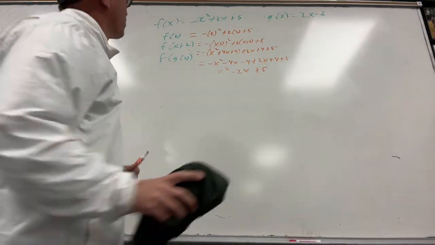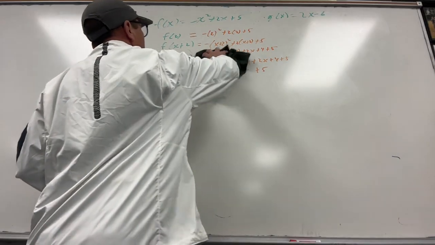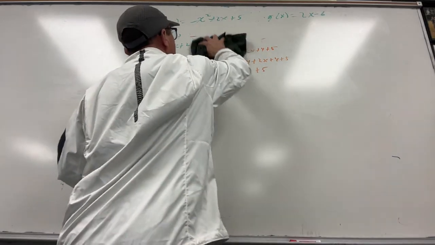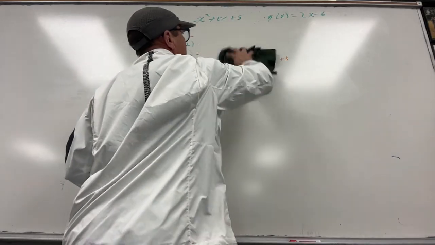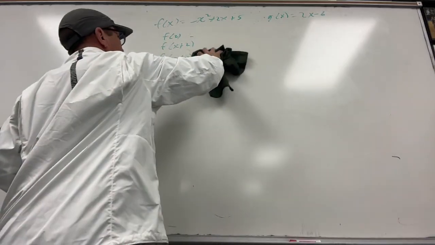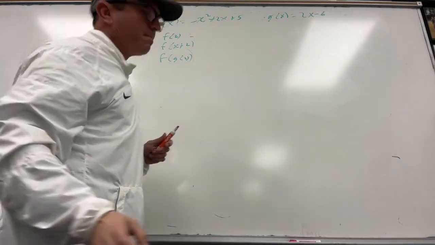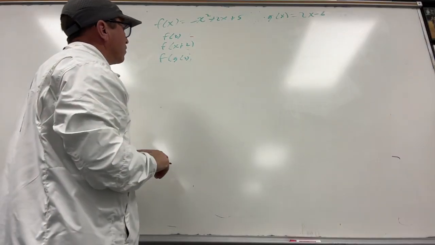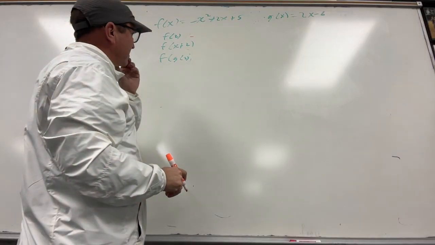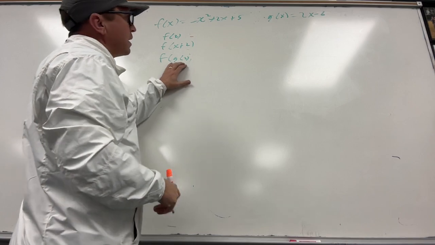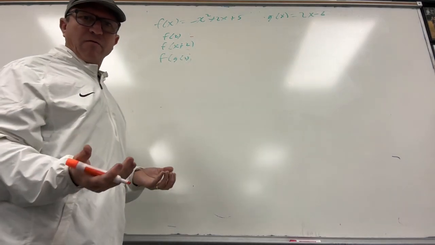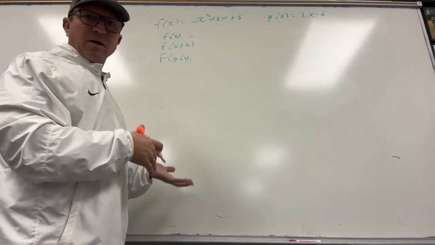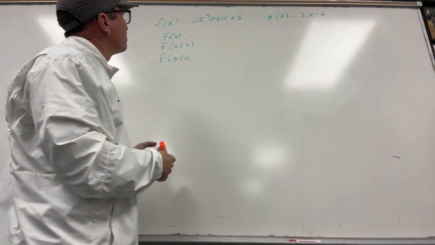The last example we're going to look at here is a composition of functions. It's saying that we want to know what f of g of 2 is. Well, the first thing we do is we solve for g of 2. And when we solve for g of 2, we get a numeric value. And we take that numeric value and plug it into f.